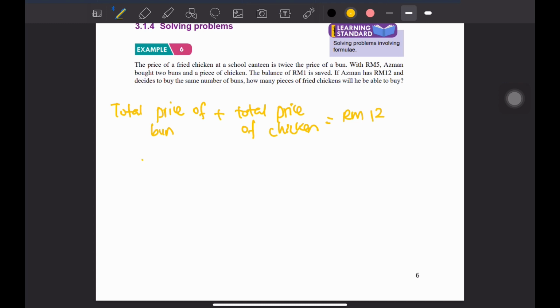So here we have RM1 times 2 because he wants to buy 2, and then 1 chicken is RM2. But we don't know how many that he can buy, so we use times y. Sebab tadi dah pakai x kan, so kita pakai y pula. Equals to RM12.